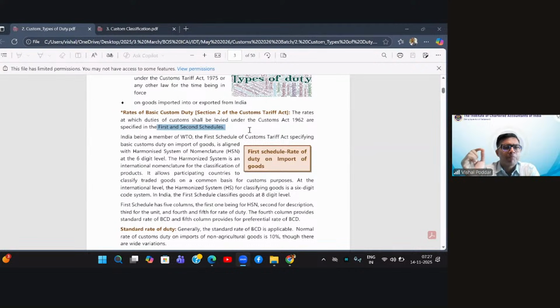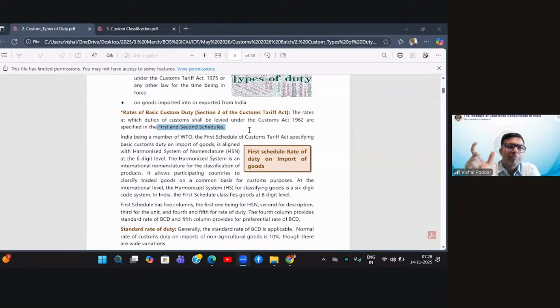What is HSN? HSN is basically the list developed by the WCO under the WTO so that a standardized name will be used across the globe for international trade. That is why it is called the Harmonized System of Nomenclature.